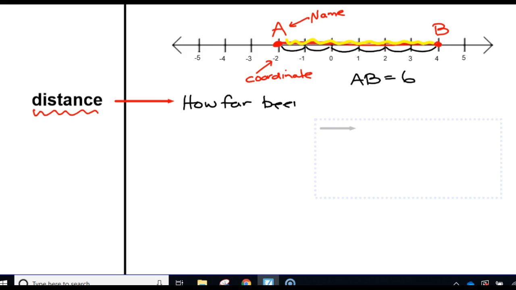The distance is how far between points, or we can think of it as the number of spaces.